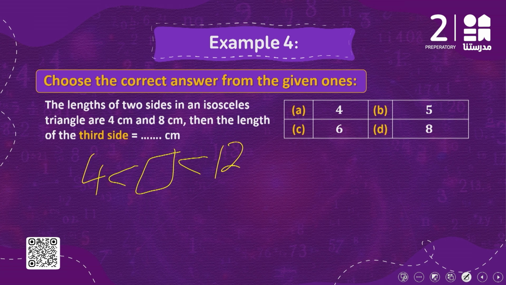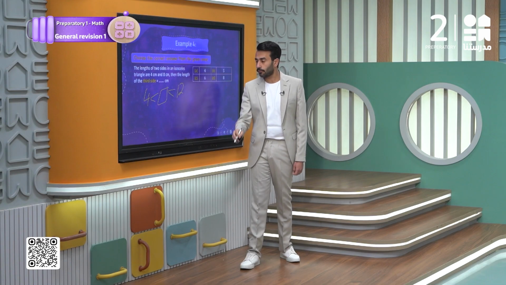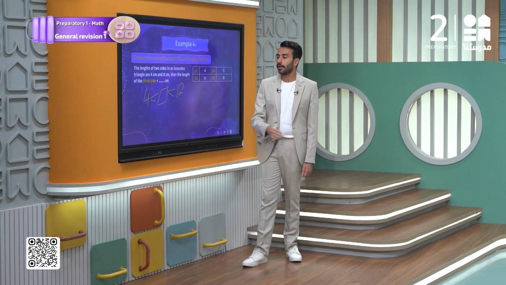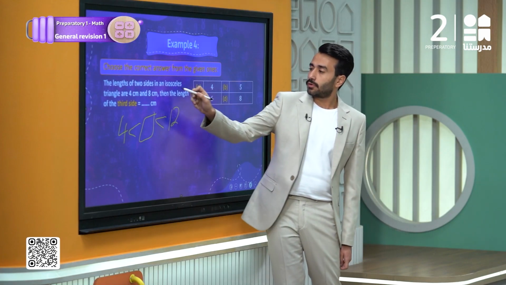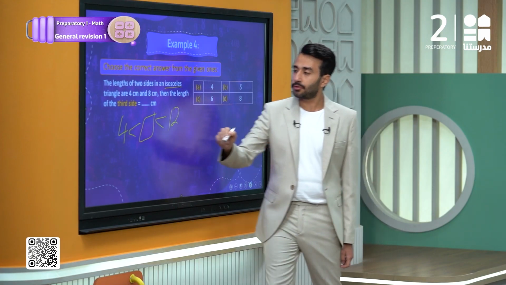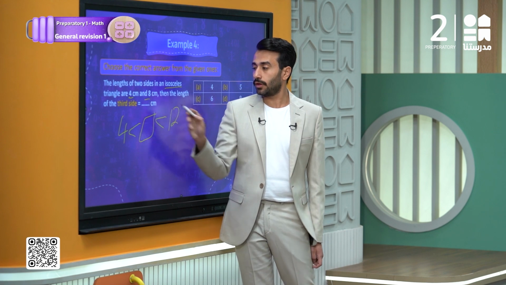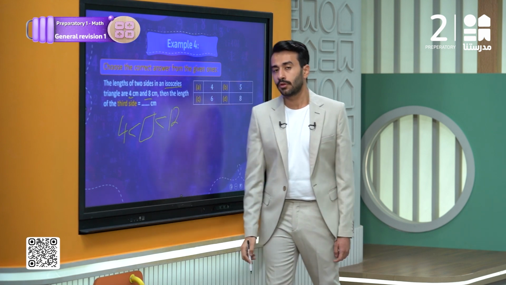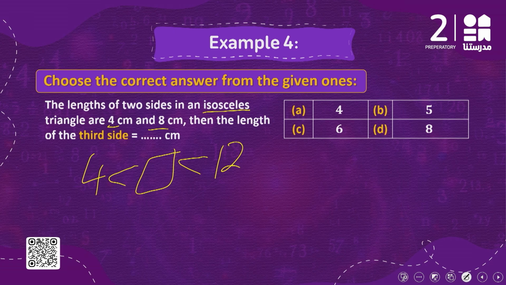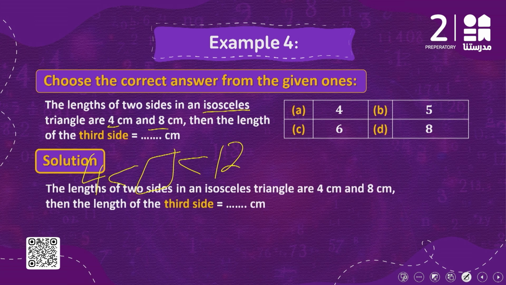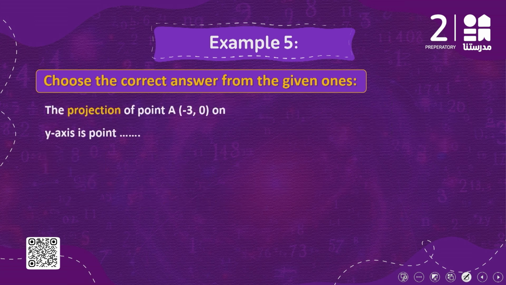It must be between 4 and 12, not 4 itself or even 12 itself. So we have starting from 4.1 until 11 point any value. But here is an isosceles triangle, so you have to repeat either 4 or 8. But 4 is not included, so the value is 8. So here's the answer, which is 8 for sure, letter D.